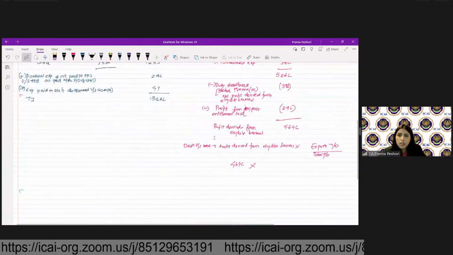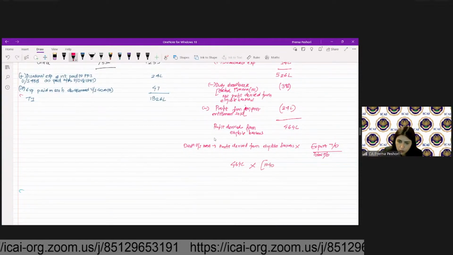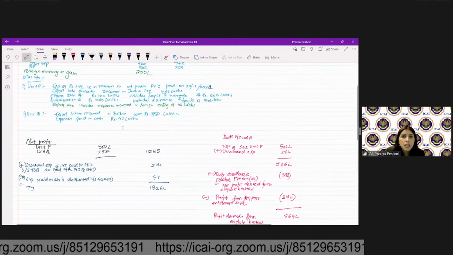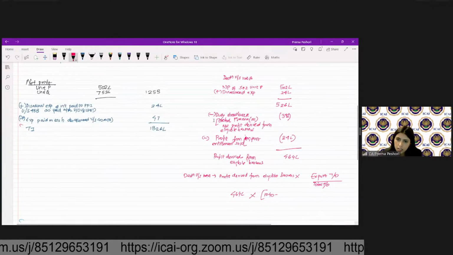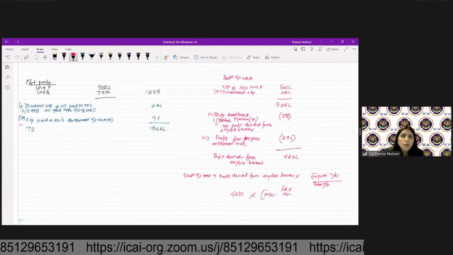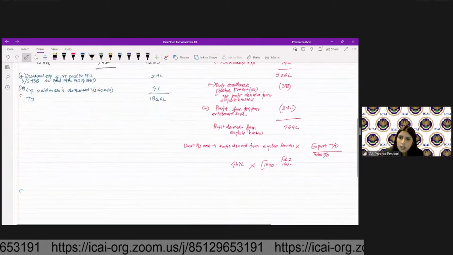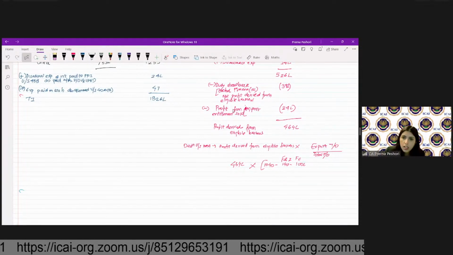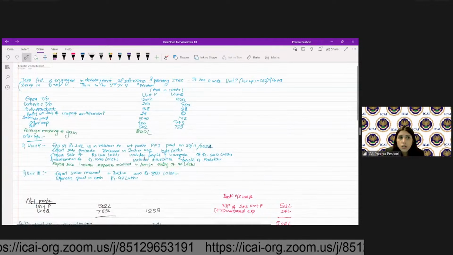So in the numerator I will first of all only consider 1040 minus the freight and insurance of 140 lakh, minus the foreign exchange expenditure which is given as 100 lakh. And in the denominator, I will consider the total turnover.